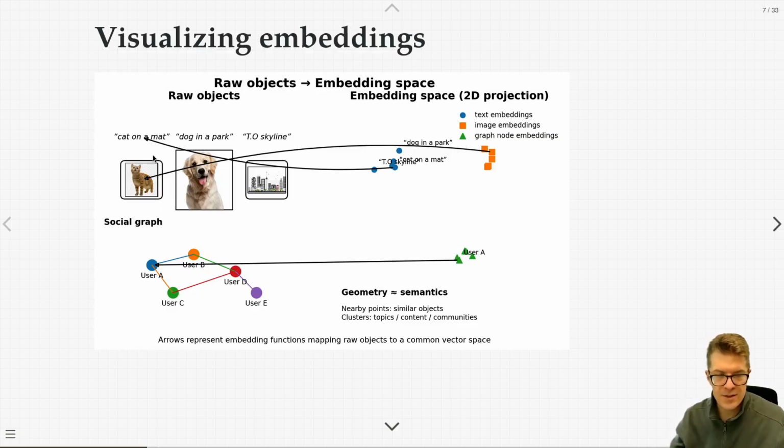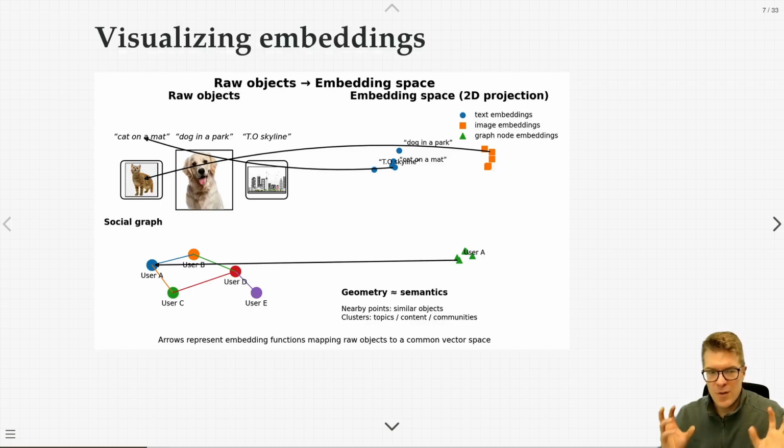Just to wrap this up, in many situations, we're more used to seeing text and images, but social graphs, or any kind of graph really, also form the basis for other kinds of representations. Here we have a somewhat poorly drawn social graph in which we have vertices connected by edges, and the edges can be anything you care about, like user A and user B are both posting to the same community, or they're both posting the same kind of content or on the same topics.